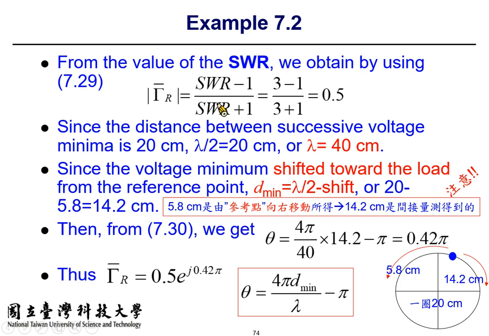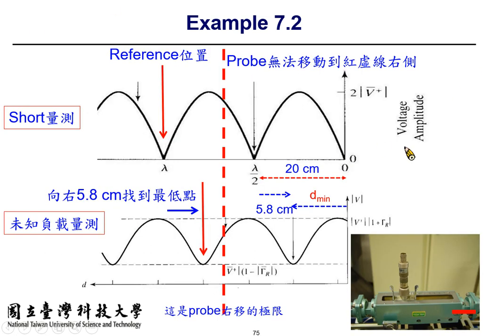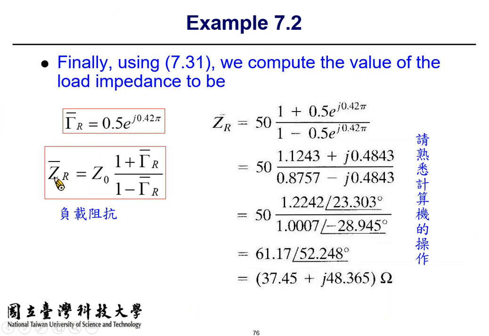But it's a piece of cake. You can find ZR using this equation, which is the characteristic impedance times 1 plus gamma R divided by 1 minus gamma R.